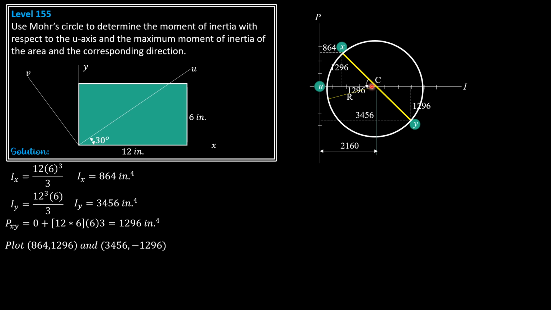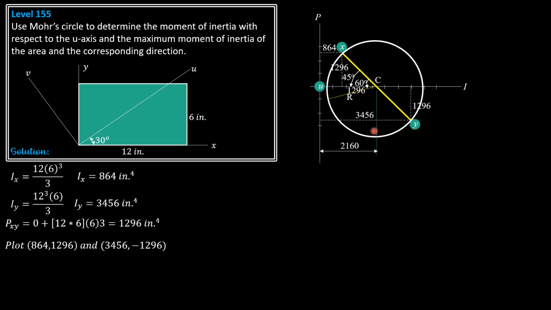So that angle is 60 degrees towards the u-axis, while this angle towards the principal axis for minimum moment of inertia is 45 degrees, because the opposite and adjacent sides are equal to 1296.